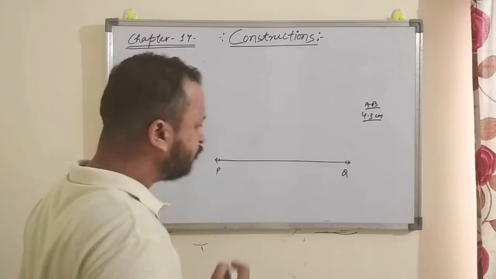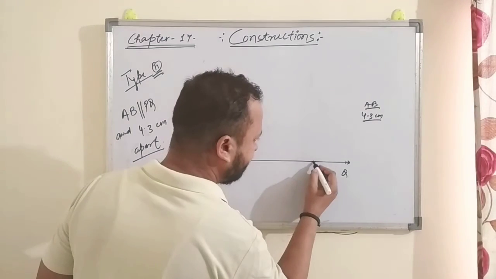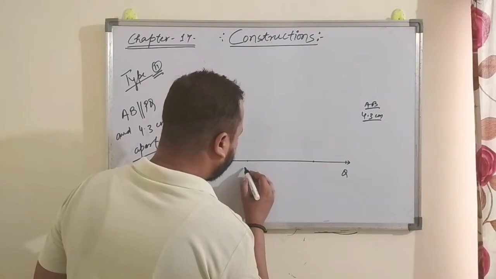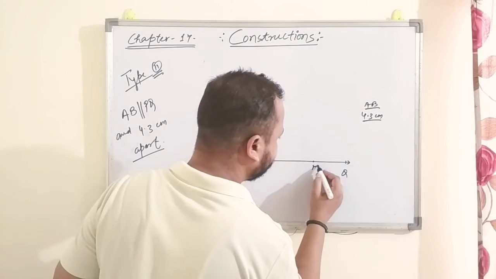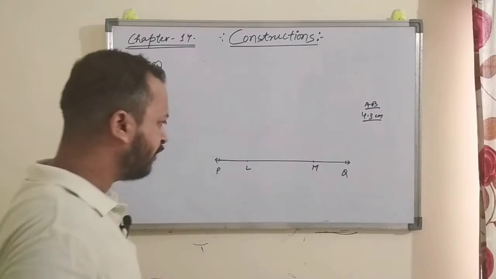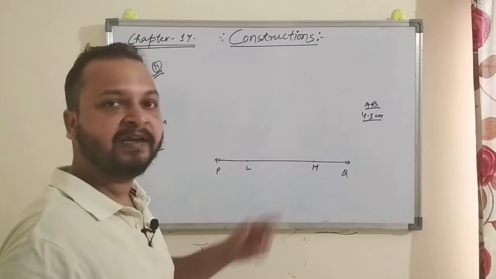Right? So what you have to do, just take 2 points on the line. Suppose I have taken here and here 2 points, right? If these points are L and M, so on these points what you have to do, just make an angle of 90 degrees.